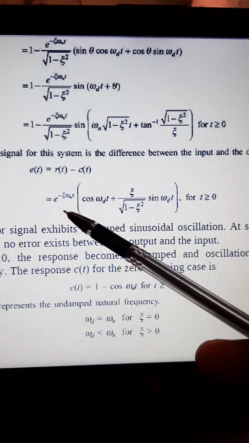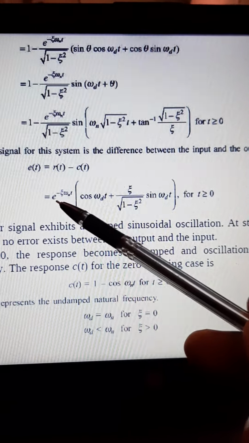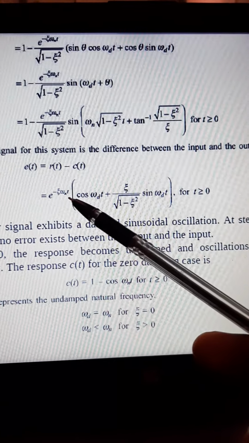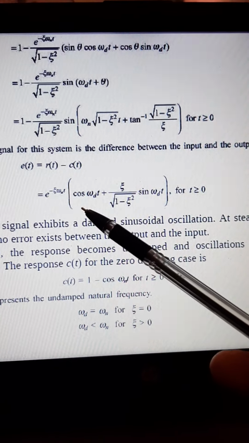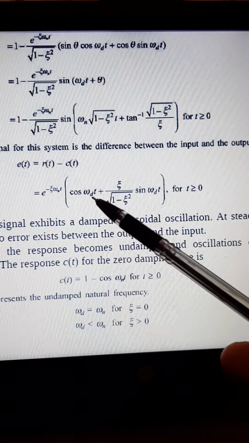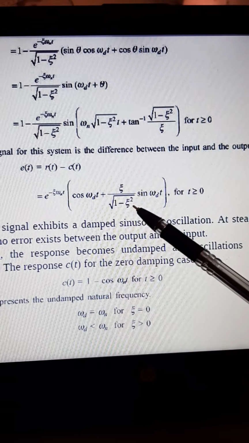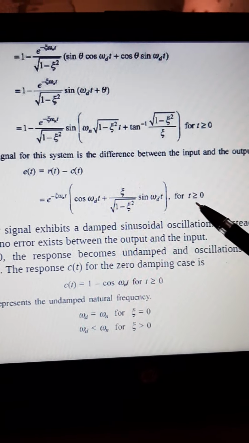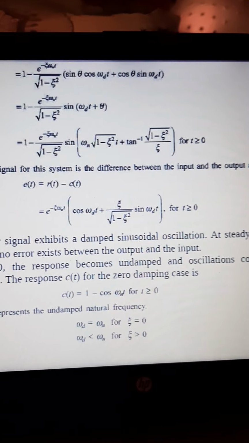So when you do it like that, you get e to the power of minus xi omega nt, into cos omega dt plus xi over square root of 1 minus xi square sin omega dt, for t greater than or equal to 0. So how are you getting this?